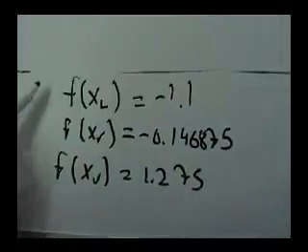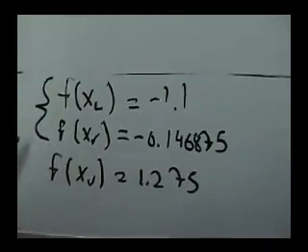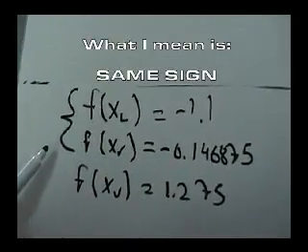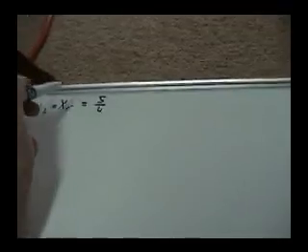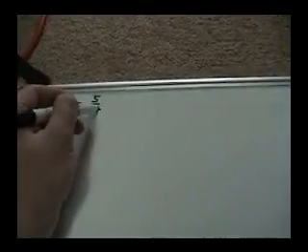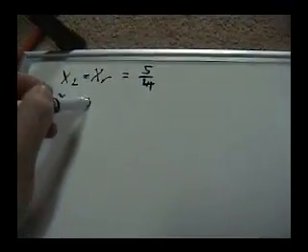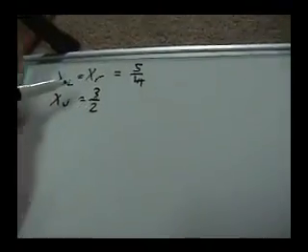So we see that f of xl and f of xr have the same sign. So our new xl is equal to our old xr, which was 5/4. And we know that our x upper is equal to 3 halves.